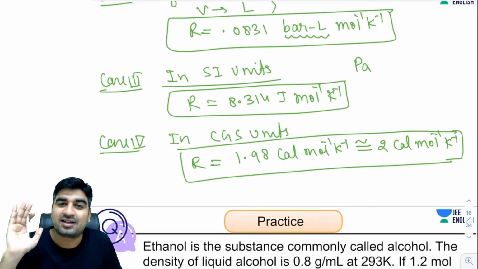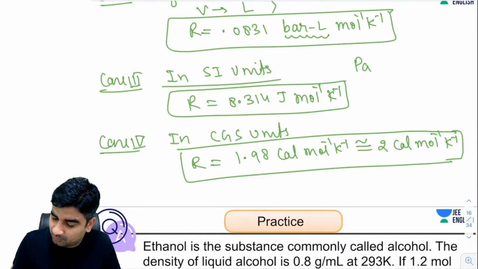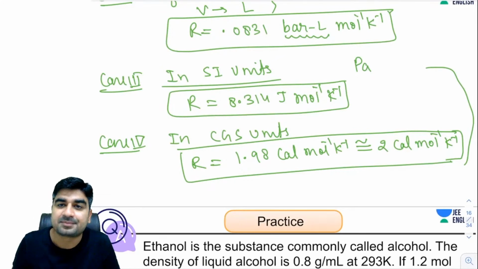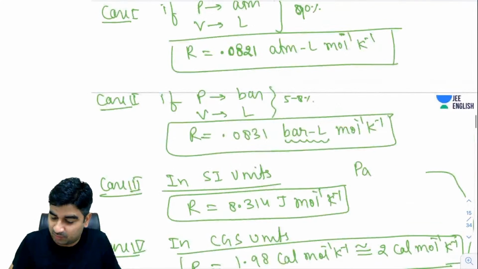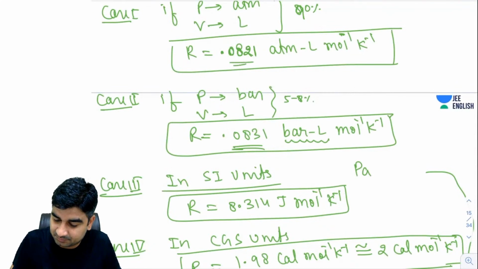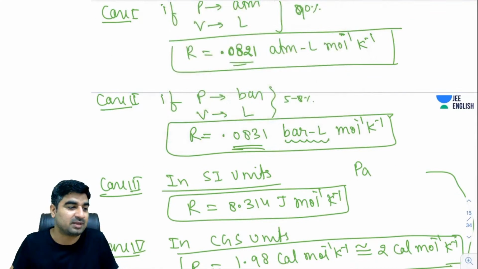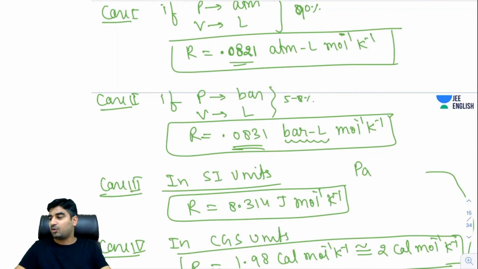I hope there is no other value other than these four. Out of these four, these two we will use rarely. In thermodynamics, we will use them extensively. But now you have to remember these two at least. Yes, you have to remember them. I hope it is done now. Right?